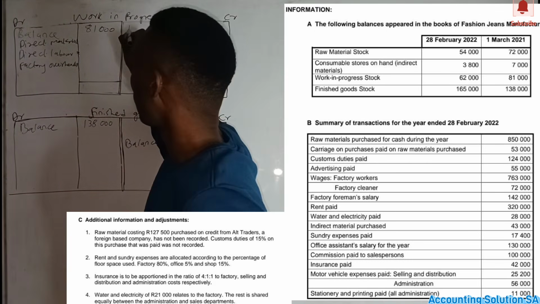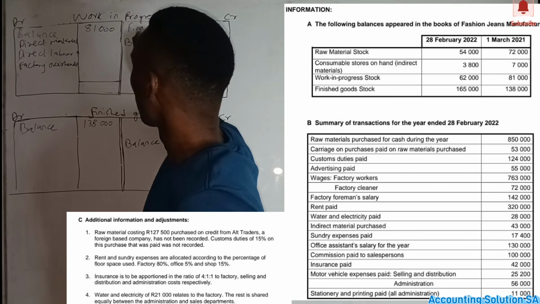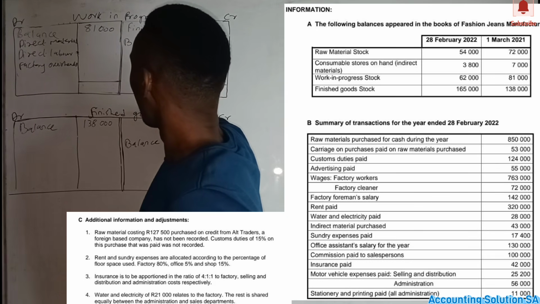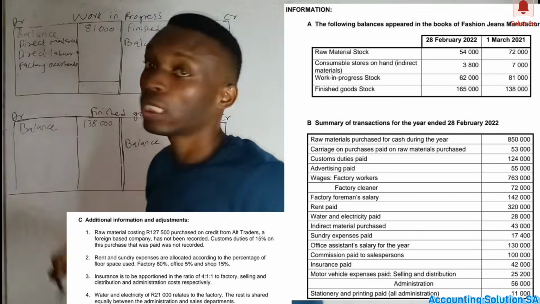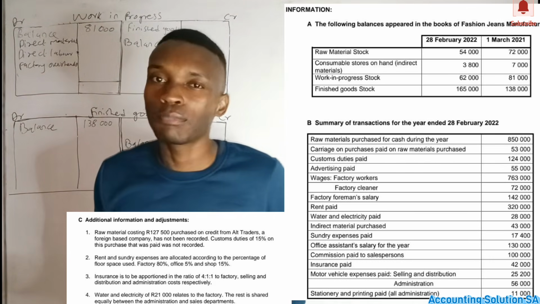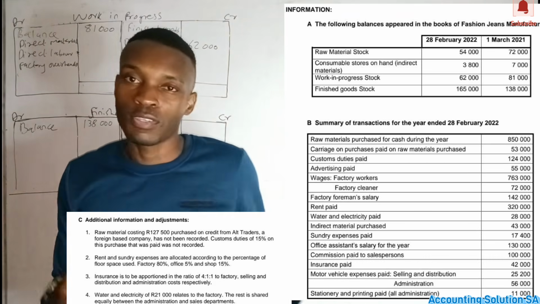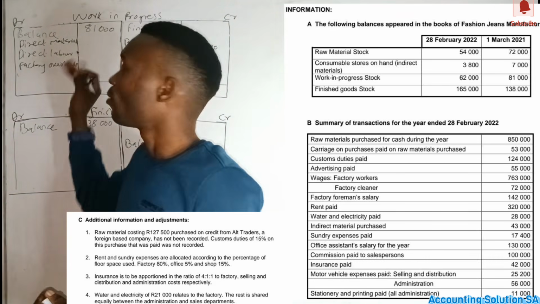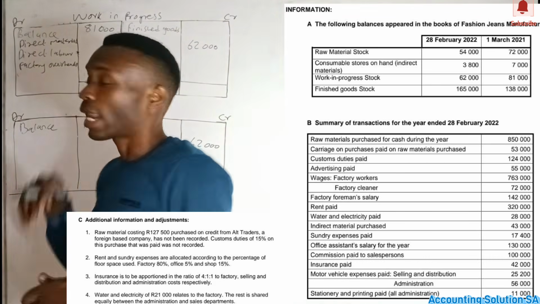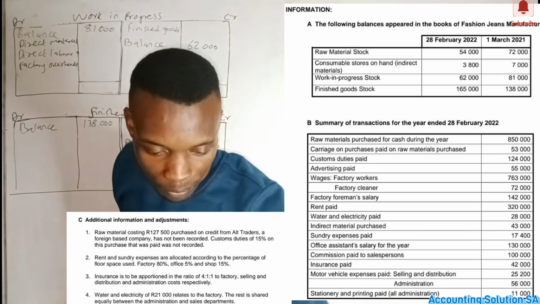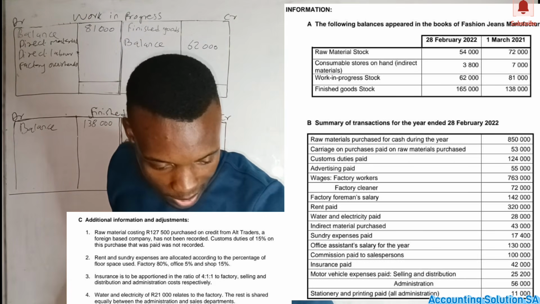This side we're gonna have a balancing figure of finished goods. This account contains a lot of chocolate marks, because if you just transfer the amount that you calculated, even if it's wrong, they are going to give you a mark for all of them, besides direct labor, because for direct labor there was no calculation in this case.